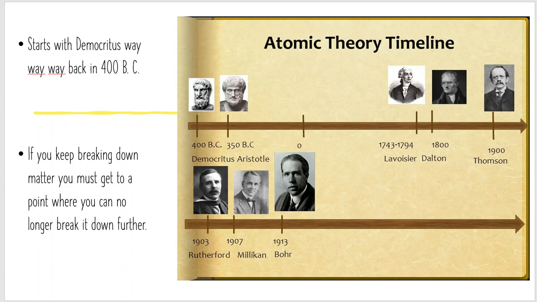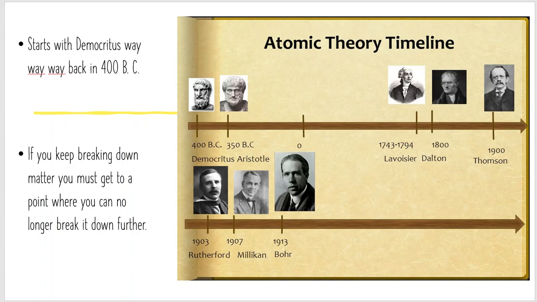Democritus came up with this idea a long time ago, and people thought about it. Then there was a lot of time in history where we weren't really focusing on science that much. Later on, as we get closer to our time, you have a bunch of scientists theorizing, but also doing experiments to test those theories. And that's what we want to get into today.